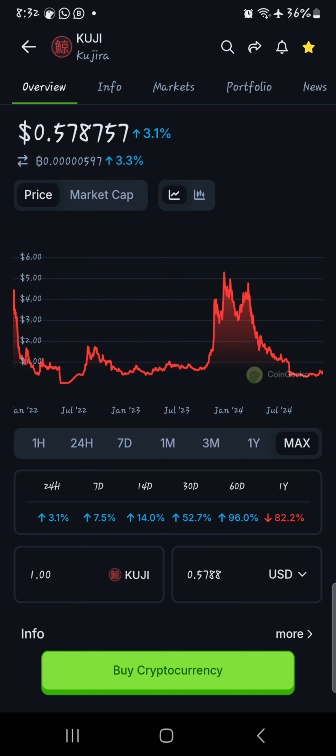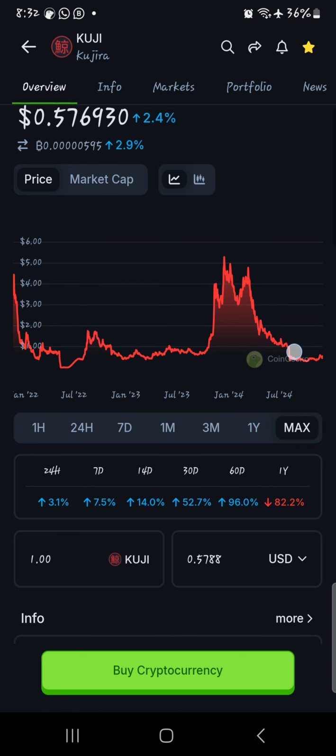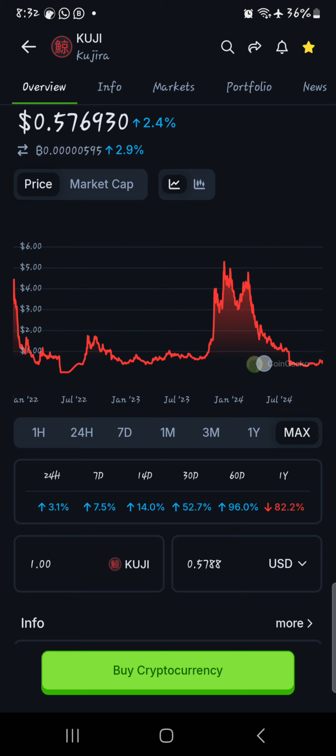So if there's no major critical issue, then you see that this is a project that has huge firepower. They have demonstrated that they can respond to bull stimulus, right? Now this is at 0.5 right now, and they have hit $5 before. So of course you can expect that this whole thing that looks like such a high pump will eventually be so minuscule compared to where the bull run is coming.